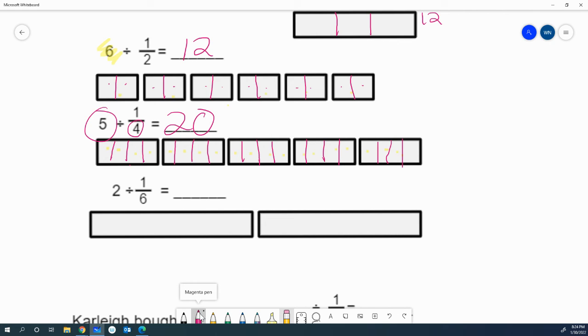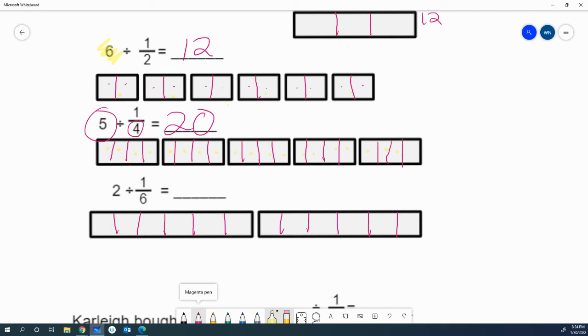And if we're going to divide into 6 pieces, you need to make sure that you're only drawing 5 lines. We've got 1, 2, 3, 4, 5 lines. 1, 2, 3, 4, 5 lines.